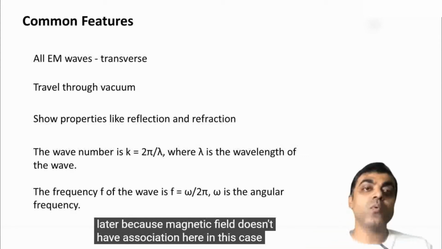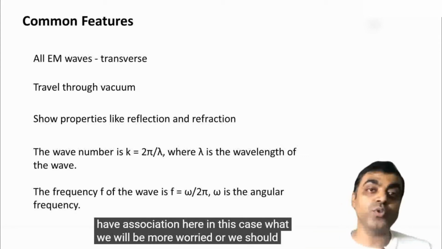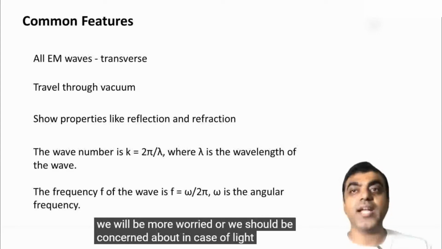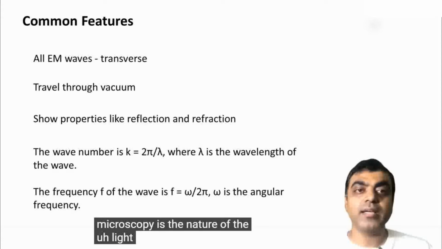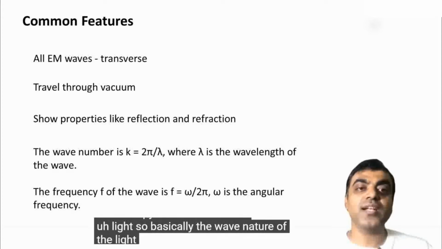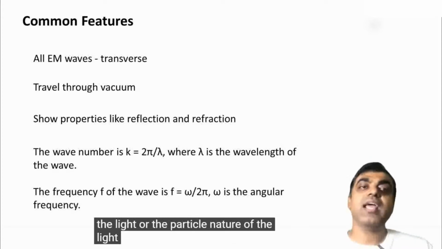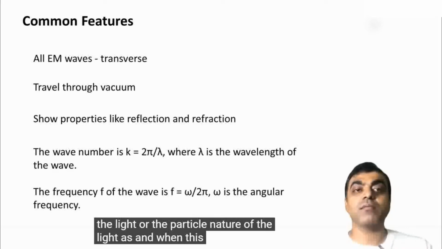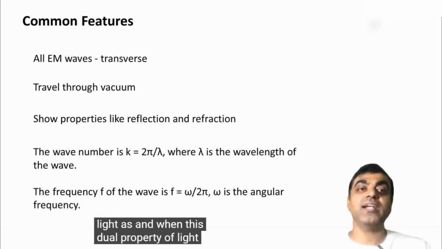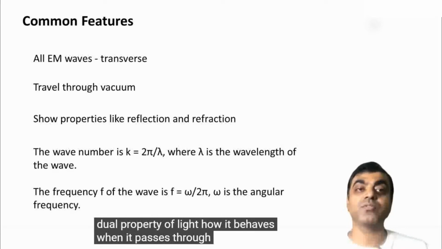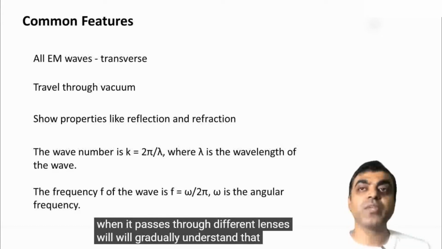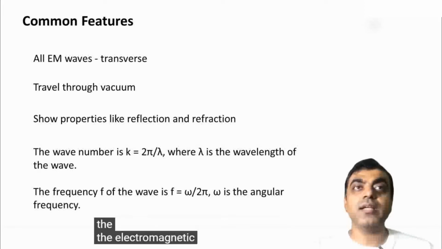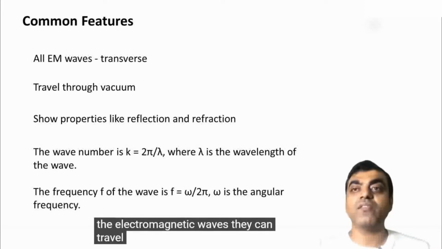What we should be concerned about in light microscopy is the nature of light, the wave nature or the particle nature. We will gradually understand how this dual property of light behaves when it passes through different lenses.